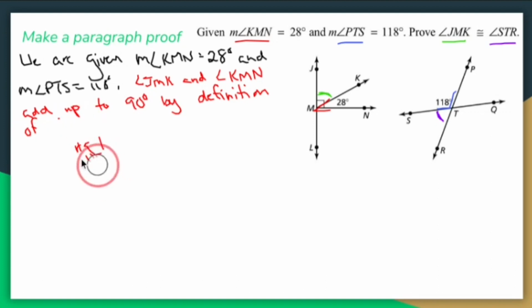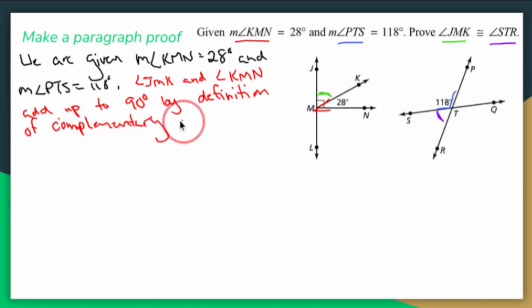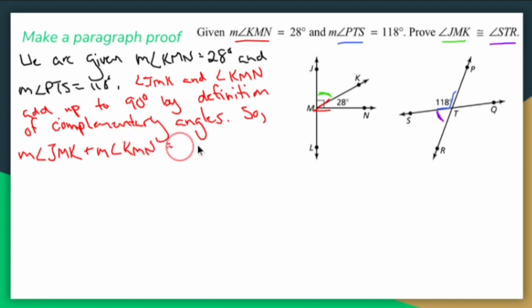So let's say by definition of complementary angles. Complementary angles is just more proper. So maybe what I should have said is that the measure of angle JMK plus the measure of angle KMN equals 90. Probably a better way to say it. Already my paragraph proof is falling apart. It's just much worse than it has to be.